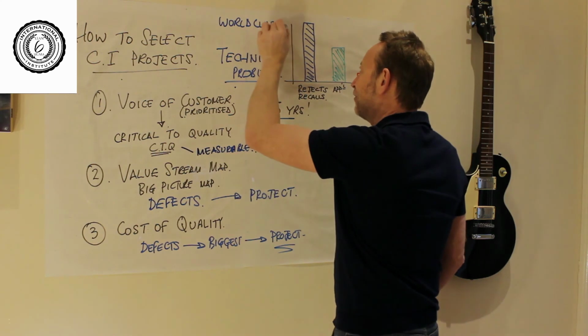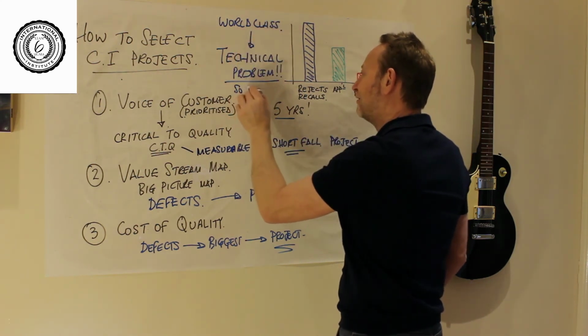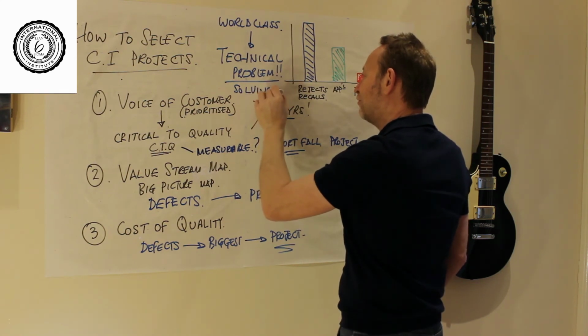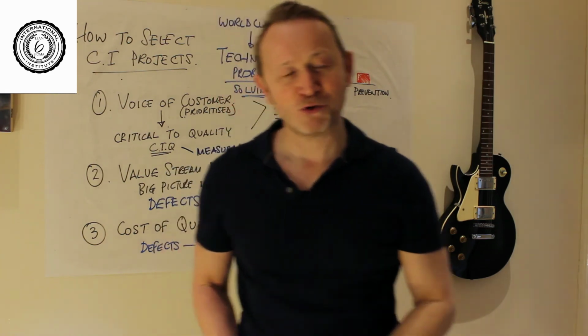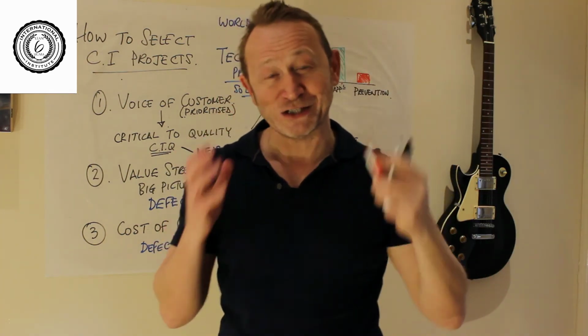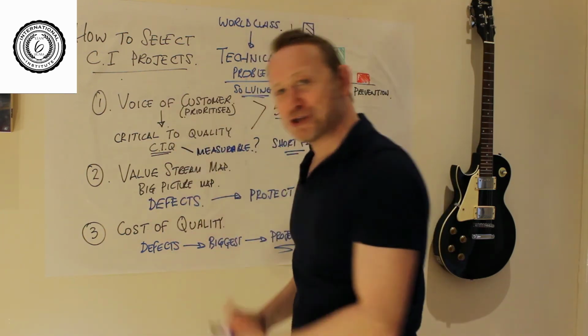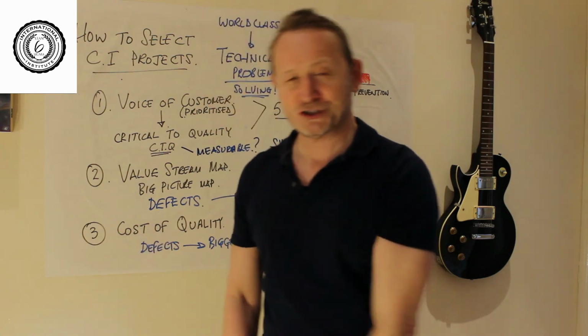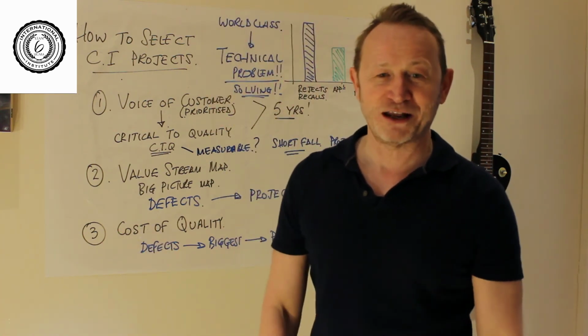That's what it's capable of. Six Sigma was invented to do that. That was what Motorola needed, so that was what they invented. Six Sigma is world class technical problem solving. So go and find your technical problems, then use Six Sigma to smash those problems out of the water and make shed loads of money.